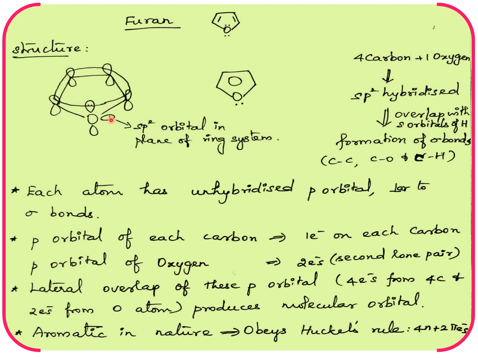The second pair is available, and all these 6 electrons overlap to produce molecular orbitals. That is, the lateral overlap of these orbitals provides a continuous delocalization of pi electrons. Cyclic planar delocalization of pi electrons obeying Huckel's rule shows that furan is aromatic in nature.